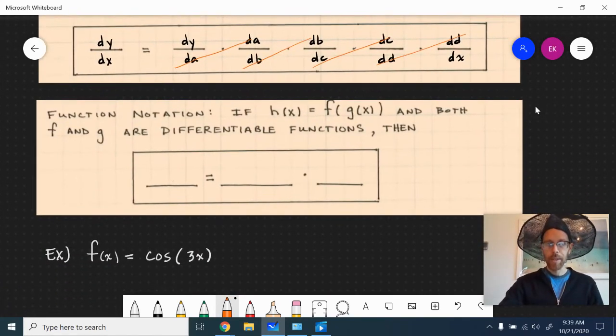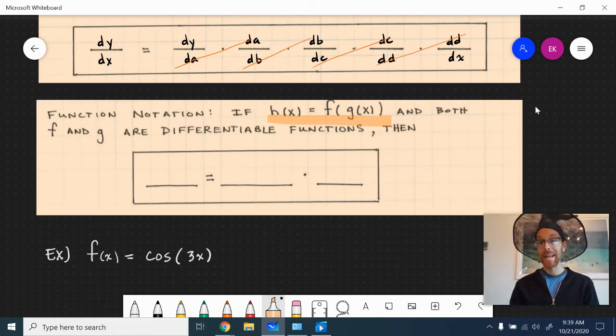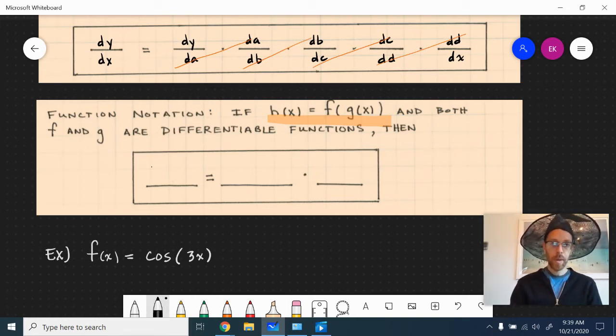The other thing that I want to mention to you is that you're going to see this notation quite a bit. This is composite function notation, f of g of x. So let's suppose that h is equal to f of g of x. We could write the derivative expression this way.